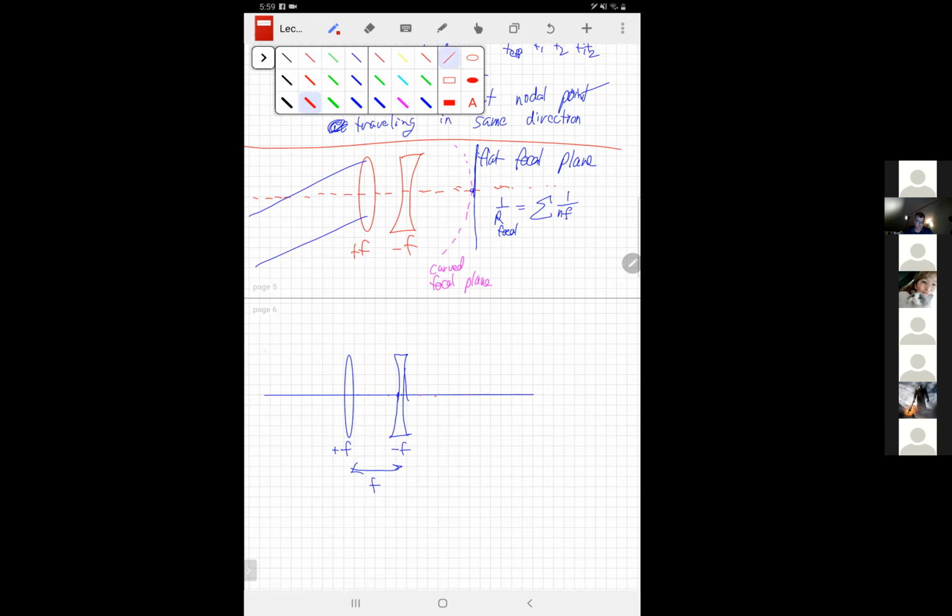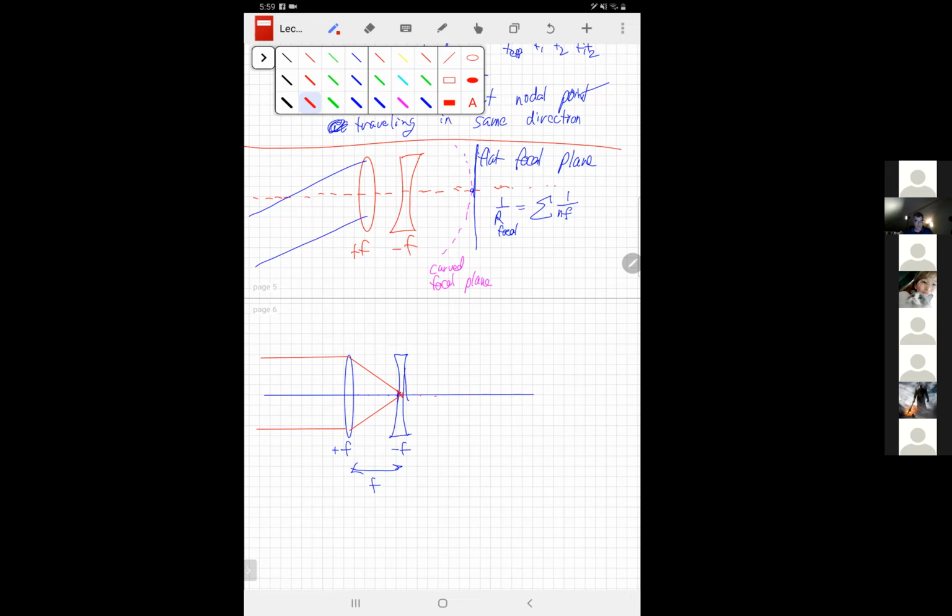Let's just trace and see what happens. They hit the first lens. Where do they go? They converge to right there. Now, if we pretend that everything's actually paraxial, they are hitting a surface that looks vertical. They pass through this vertical surface, through another vertical surface.